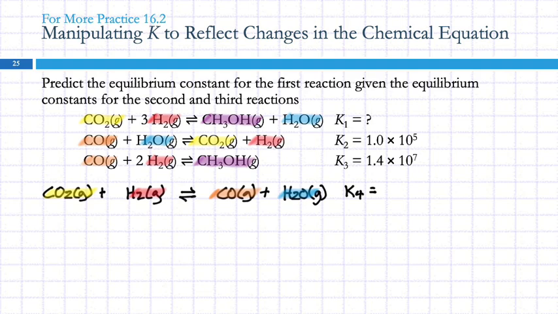K4 we're going to get from K2. What do we do to it? Raise it to the -1 power or invert it, right? So that's going to be 1.0 times 10 to the -5.